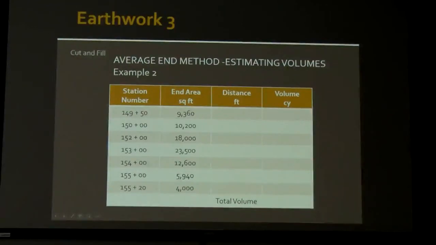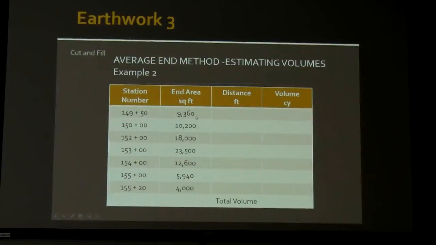The difference between the first and second station is going to be 50. Between the next two will be 200, then 100, then 100, then 100. And the difference between the last two stations is going to be 20 feet.